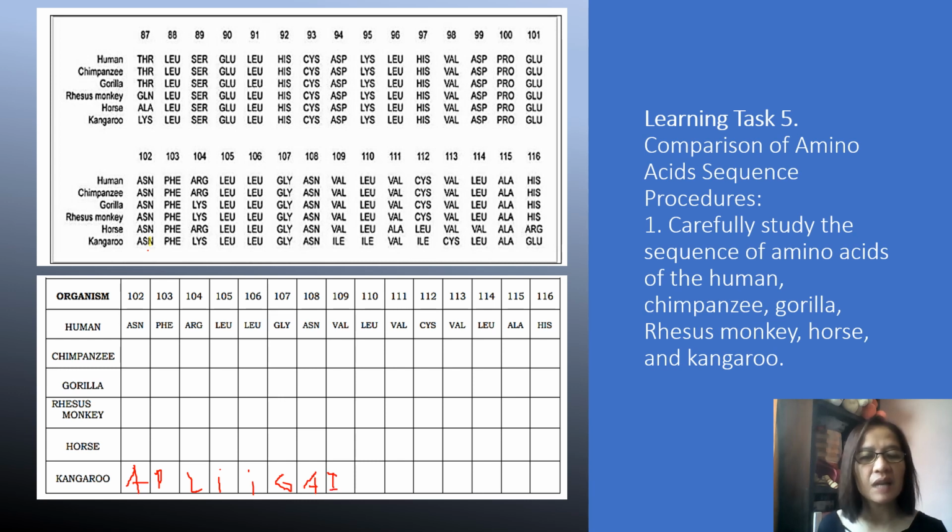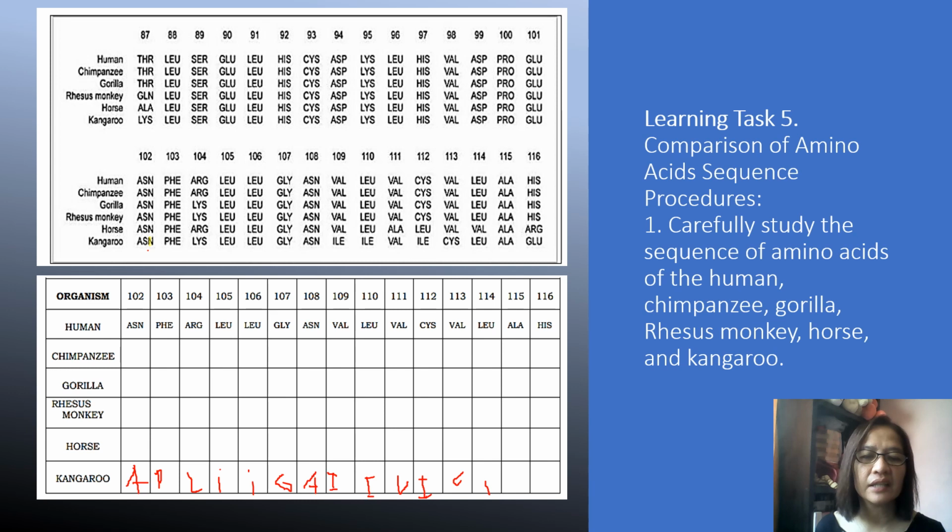Ginawan ko lang capital I para lang siya ay magkasya. 110, isoleucine ulit. 111, valine. 112, isoleucine. 113, cysteine. 114, leucine.